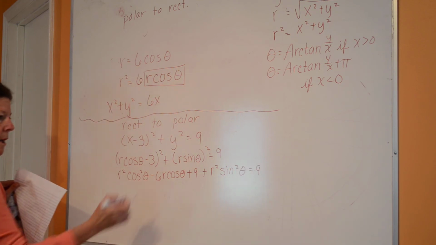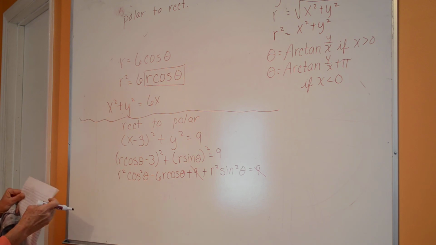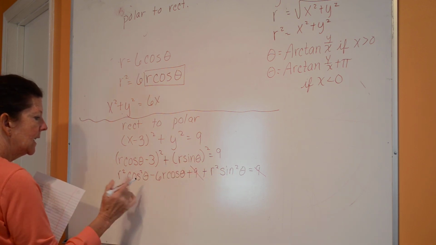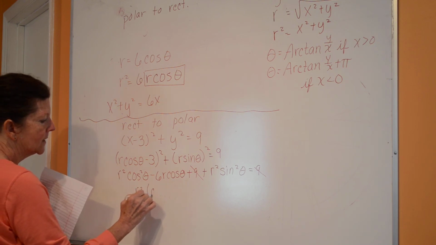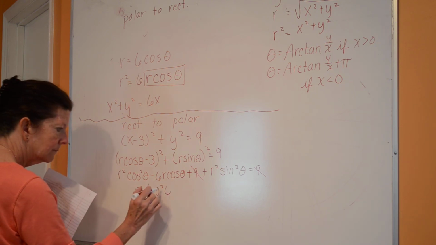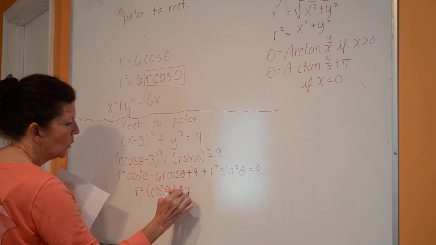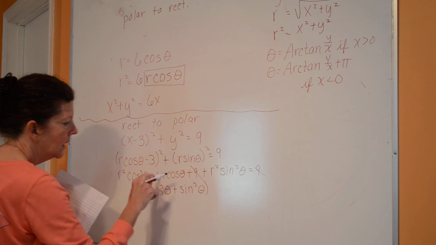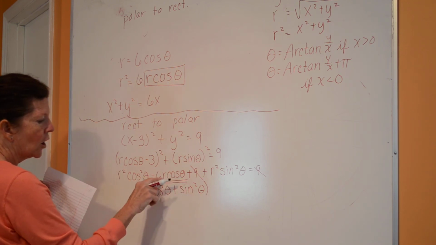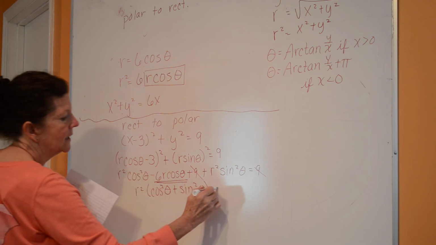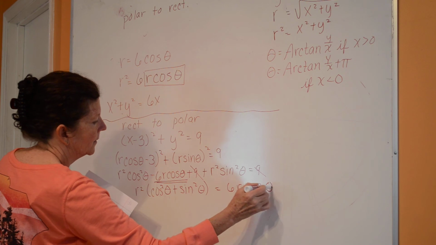equals 9. Well, my 9 and my 9 go away. I'm going to subtract 9 from both sides. I'm going to put these two things together and factor out the r squared, which leaves me with cosine squared theta plus sine squared theta. And then the r that's not squared, I'm going to take to the other side, so 6r cosine theta.